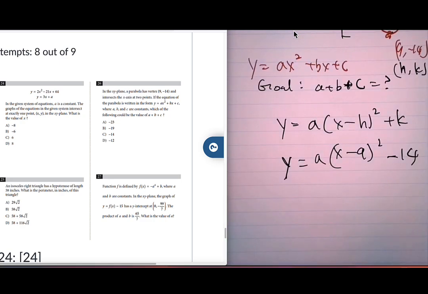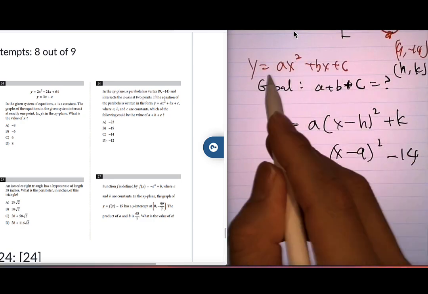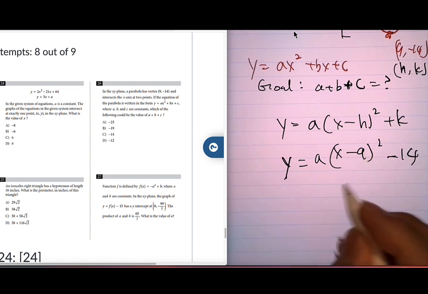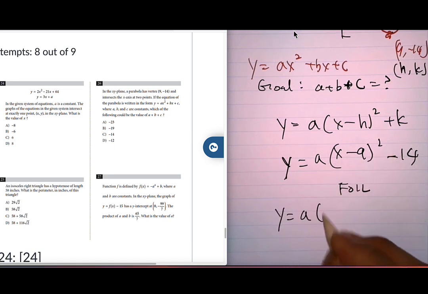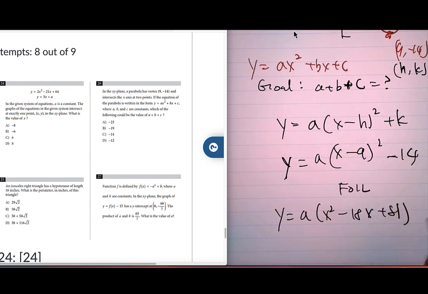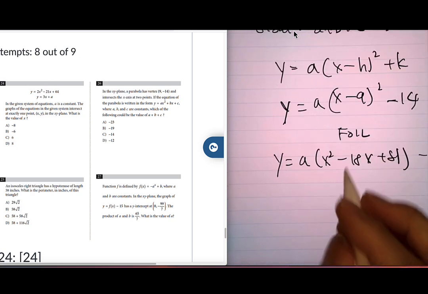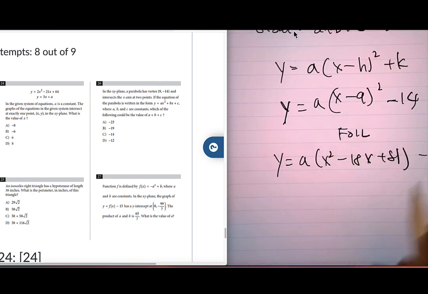Okay, so to write this in standard form, we're gonna have to FOIL it. So y equals a x squared minus 18x plus 81 minus 14, and then you're gonna distribute all this.